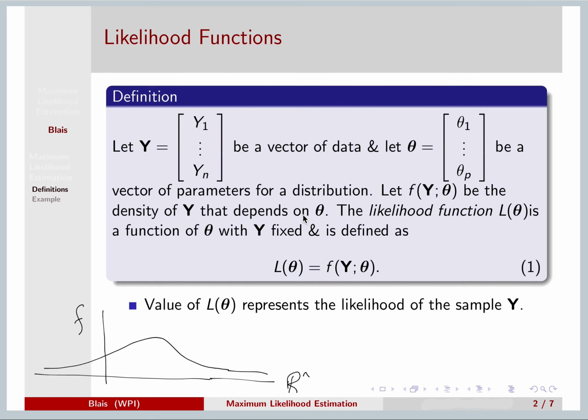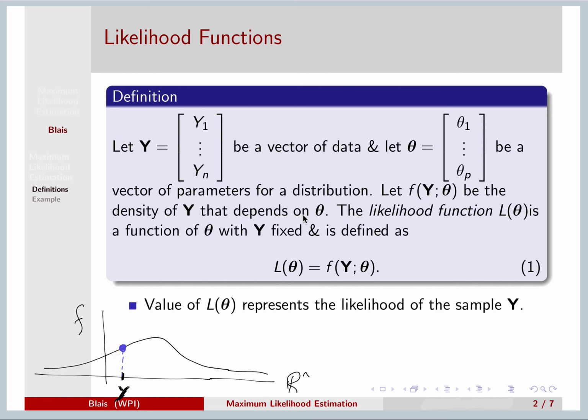And the idea is that we have this one observation. So this bold y is a vector in Rn.